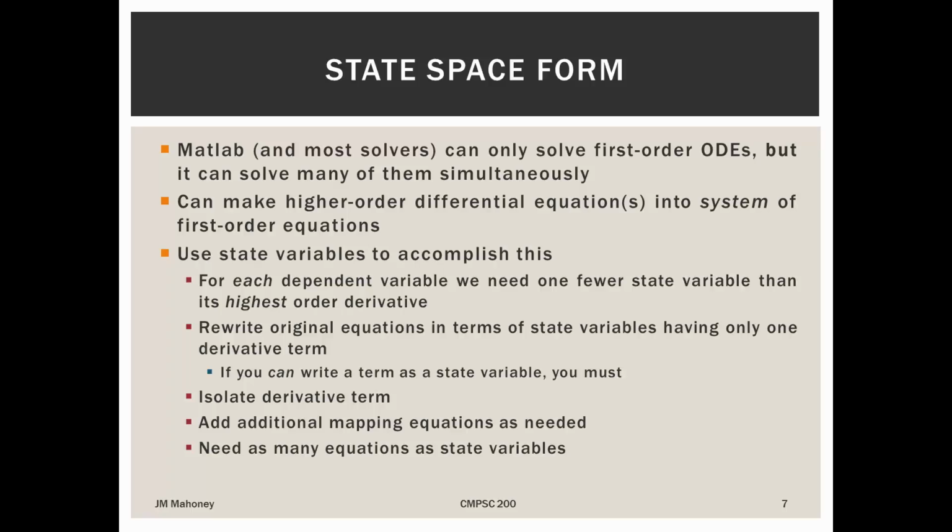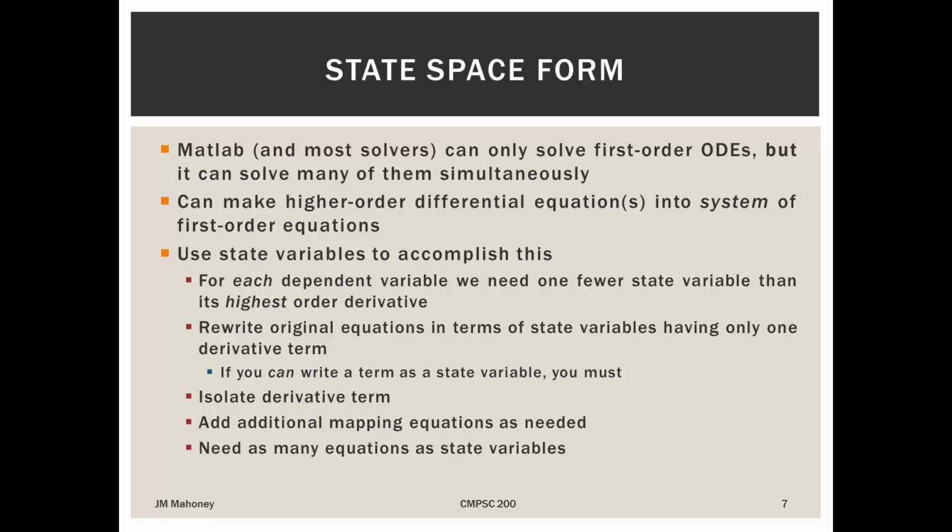So what we need to do is we're going to look at our dependent variables and see what the highest derivative of each of them is, and use that to determine which state variables we need. We're going to rewrite our original equation or equations in terms of these state variables such that they have only one derivative term. And we'll see in the example coming up how this is really accomplished here.